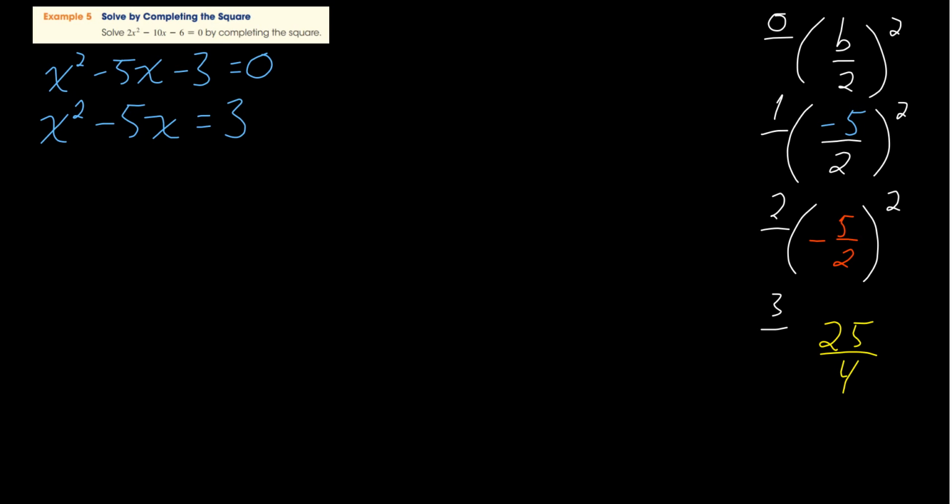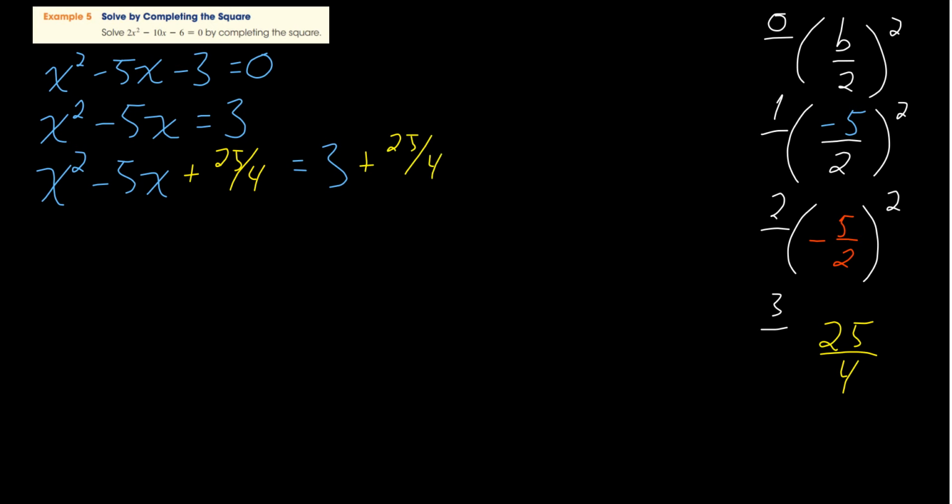Okay, so we're going to do the same thing here. We're going to go x squared minus 5x, and then plus 25 over 4, and that is equal to 3 plus 25 over 4. Okay.